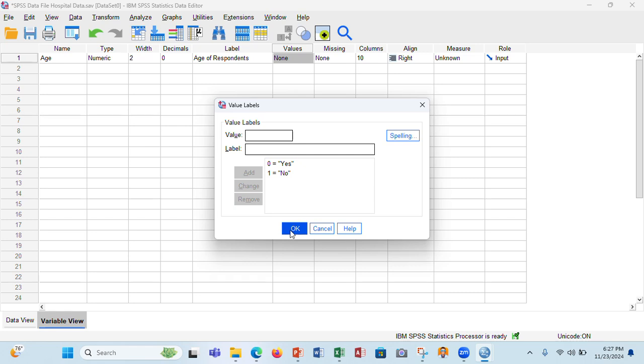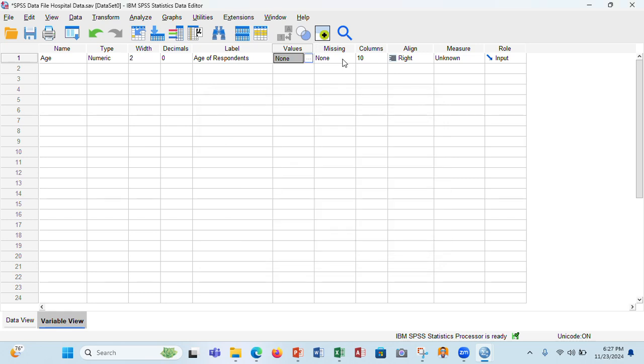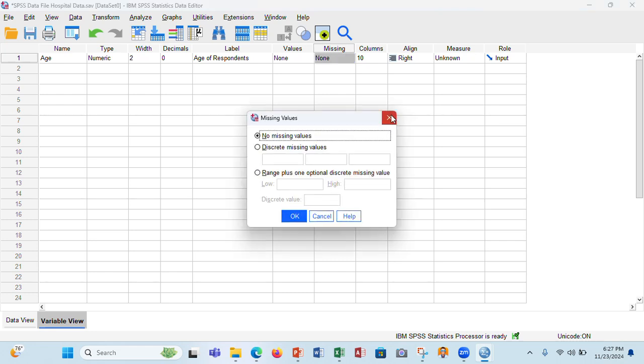So when we say okay here, that's how even in data view, when you're adding under that column of age, you will be having yes or no. But age is not a question of yes or no, so that's why we are leaving values as none, and missing as none, nothing will be missing.